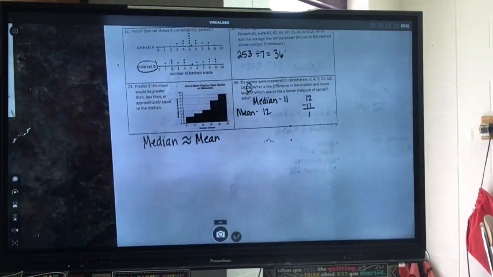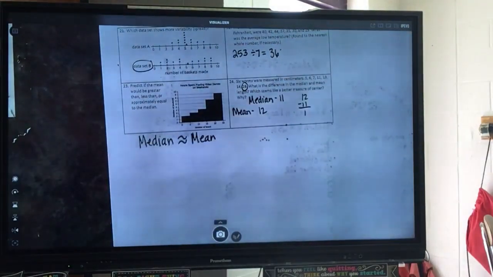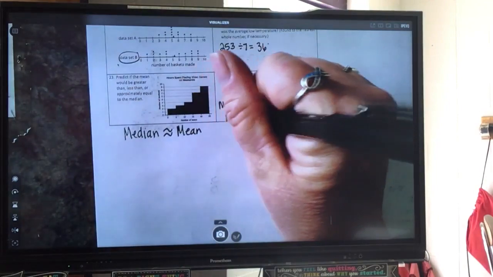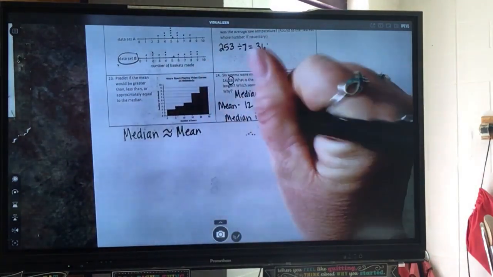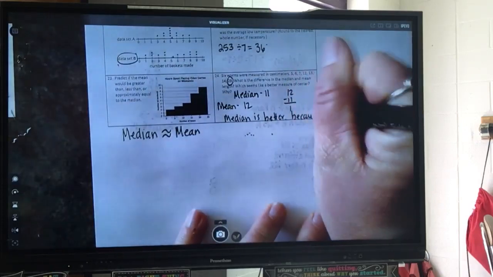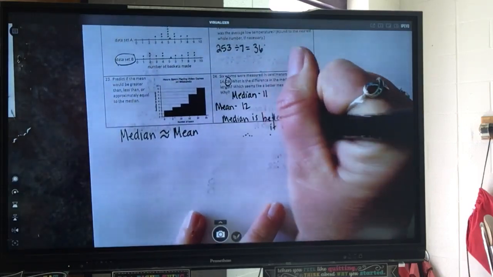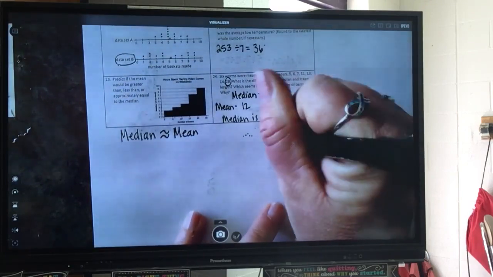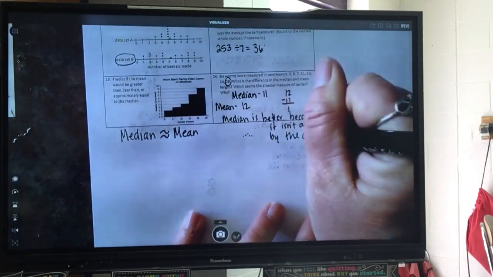Outlier, which skews our mean, right? So the median is better because it isn't affected by the outlier.